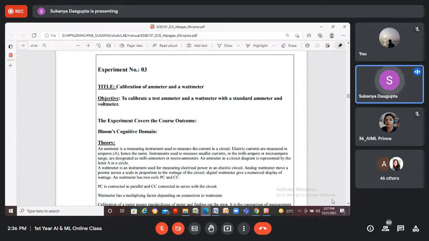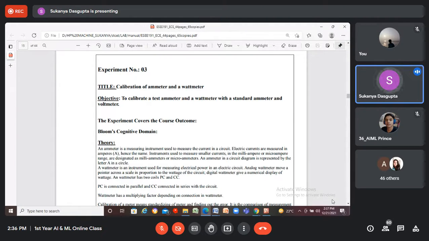Right, secondary instruments. So secondary instruments are different from the standard instruments. So always these secondary instruments must be calibrated by using the standard instruments, or they must be calibrated by using another type of calibrated secondary instrument.